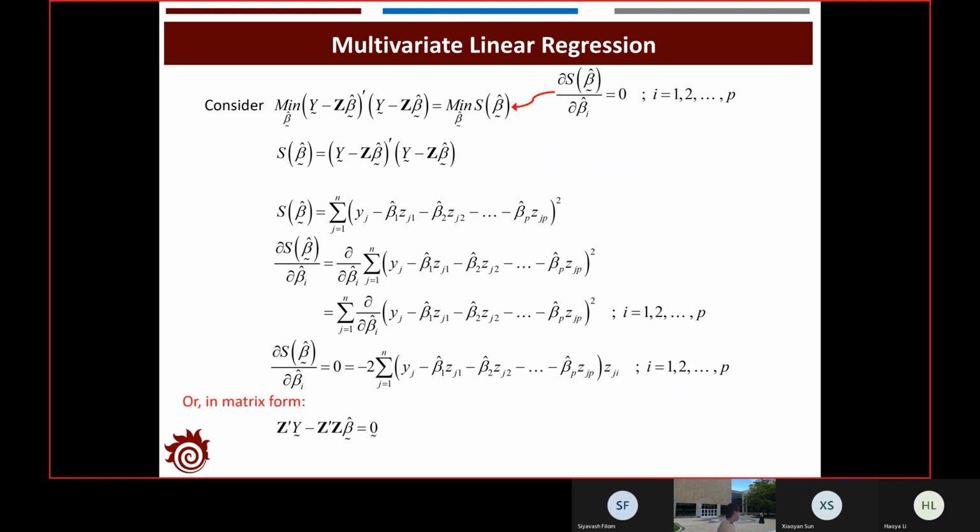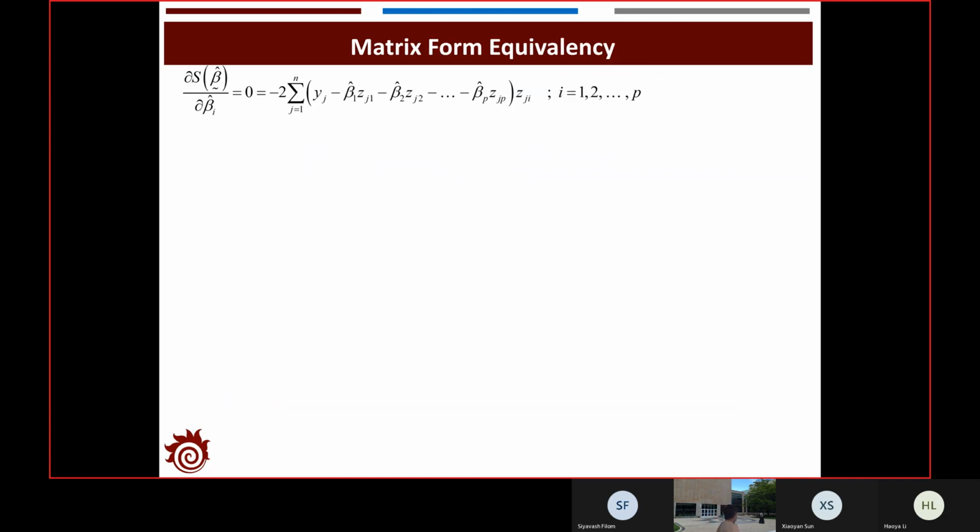Put all of them together, you can write them into the matrix format, which can be simplified as this one. But we also need to double check whether this one can be derived from this equation, since they do not intuitively look like each other. So I give you some details about how to find this derivation.